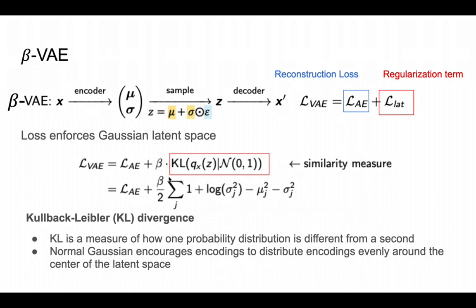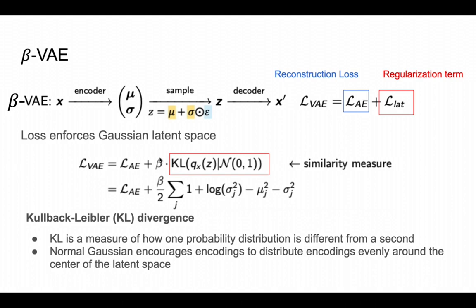The KL divergence is a measure of how one probability distribution is different from the second one. A normal choice of KL divergence is based on the normal Gaussian, which can encourage encoding to distribute encodings evenly around the center of the latent space.